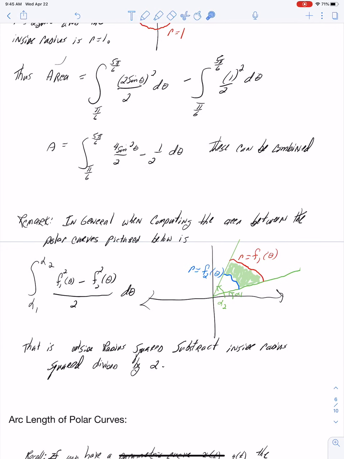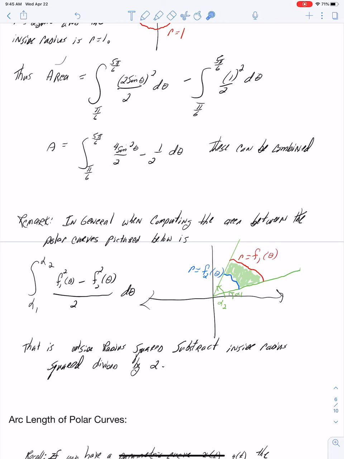Well, in general, when you're computing the area between polar curves, here's the picture. The outside polar curve is r is equal to f1 of theta. That is, it's the larger radius. The inside curve, f2 of theta.